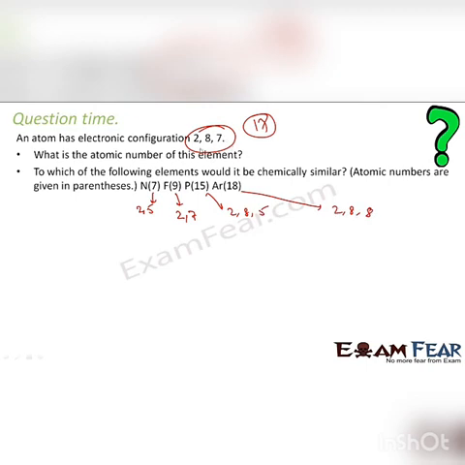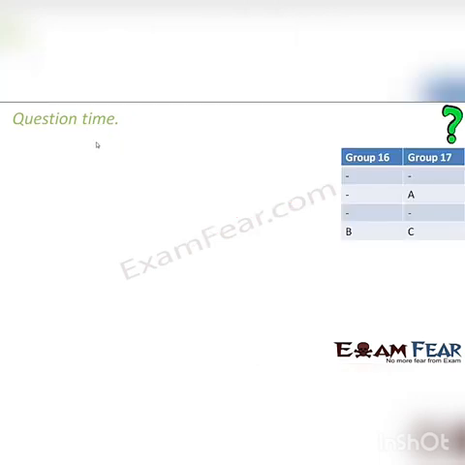Now I have 7 in the valence shell, so I am looking for 7 valence electrons. That is, I am looking for this guy F. So F 9 is the answer. F 9 will be chemically similar to this particular atom because both have a similar number of electrons in the valence shell.